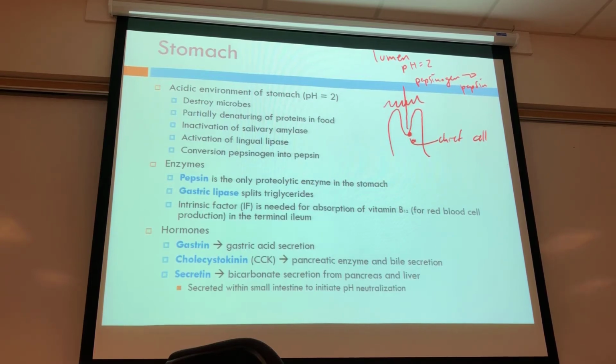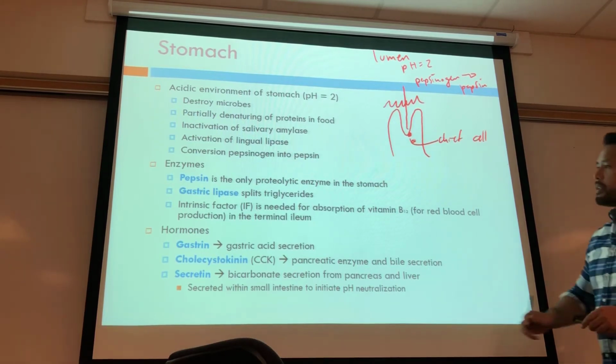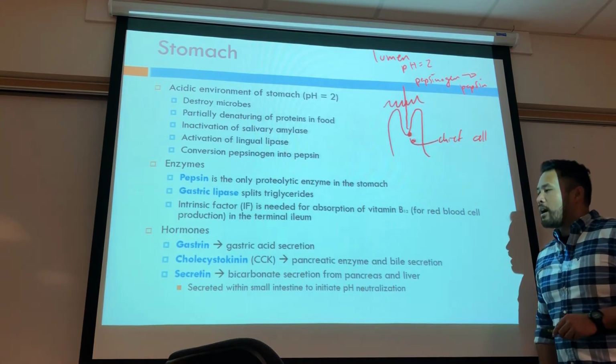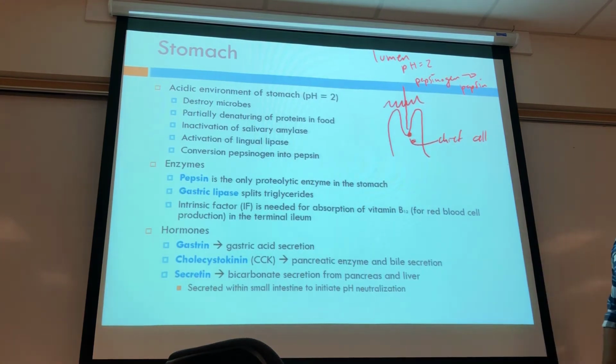The other thing I want to also point out, the hormones: gastrin, which we mentioned for the purposes of producing gastric acid; cholecystokinin, another hormone that will signal the production of bile by the pancreas, as well as the storage by the gallbladder; and then secretin, for the production and secretion of bicarbonate to buffer that.